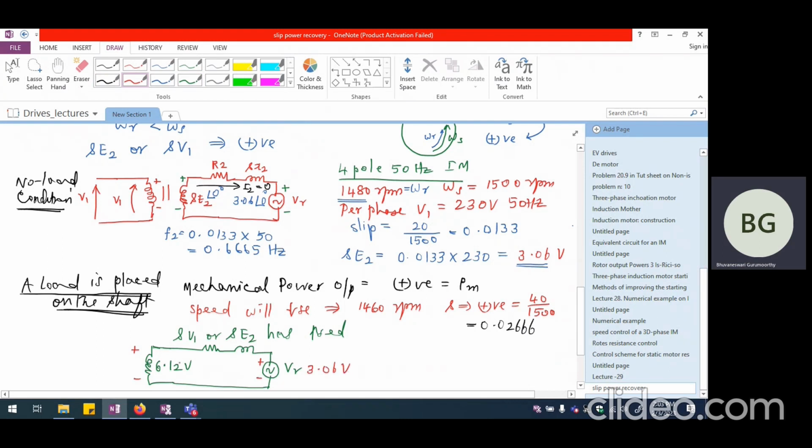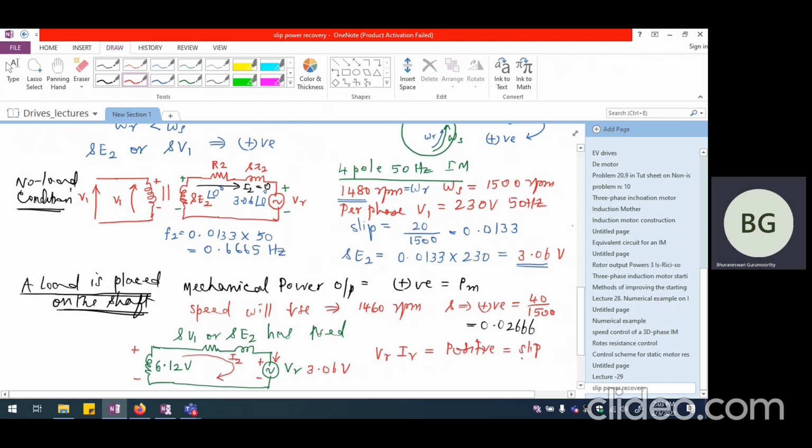So what is going to happen is from a higher voltage towards the lower voltage, the current will flow. So we are going to have I2 flowing in this direction. If I2 is flowing in this direction, now VR is getting a current flowing into the positive terminal of this voltage source. So VR times IR is positive, which is actually the slip power.